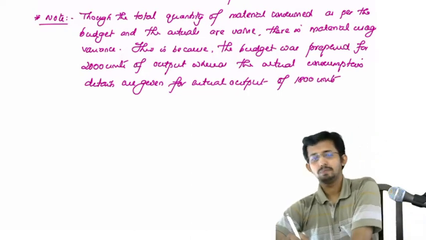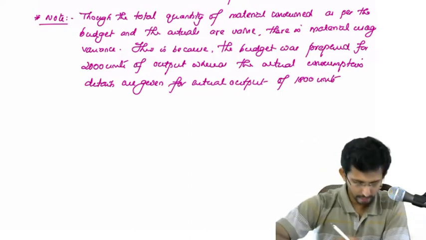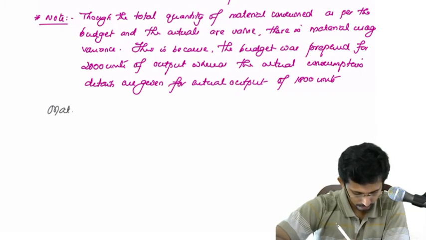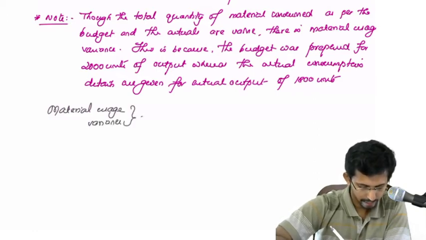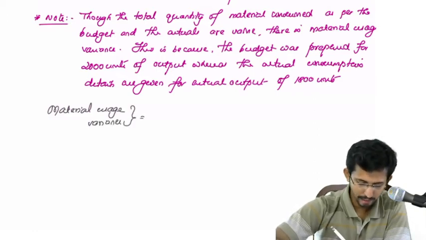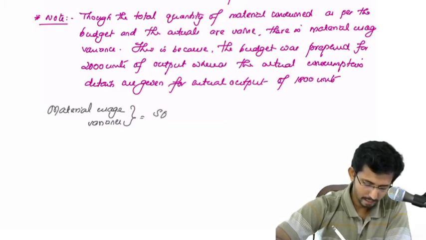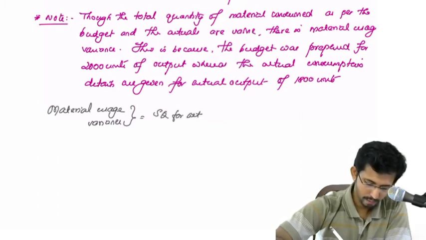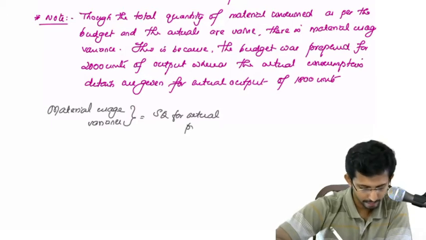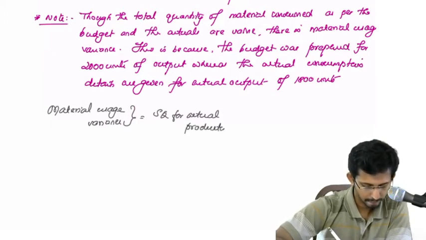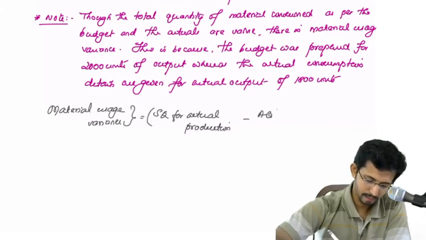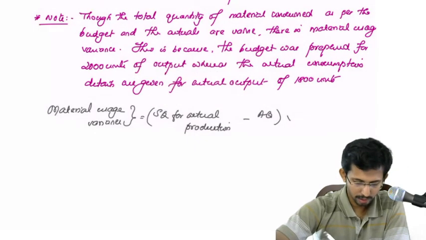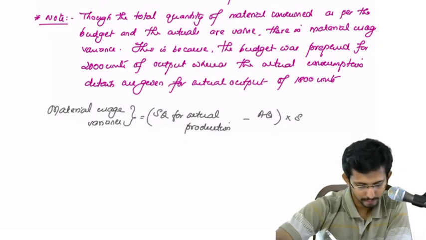Okay, so direct material usage variance is equal to, what is the formula? Standard quantity for actual production minus actual quantity into standard price.